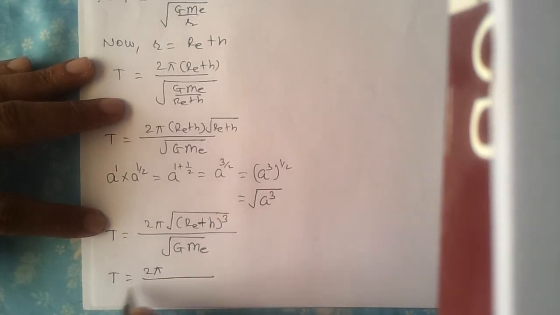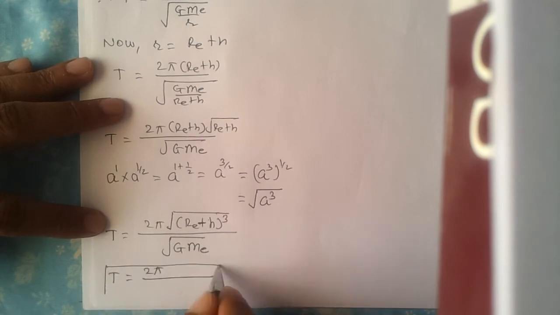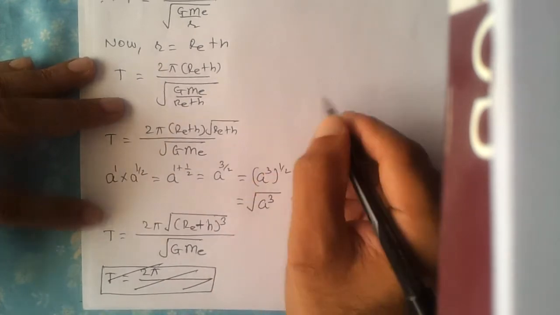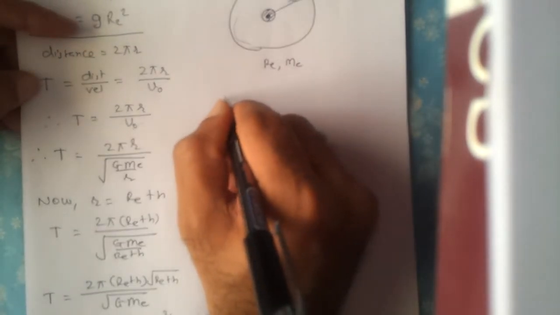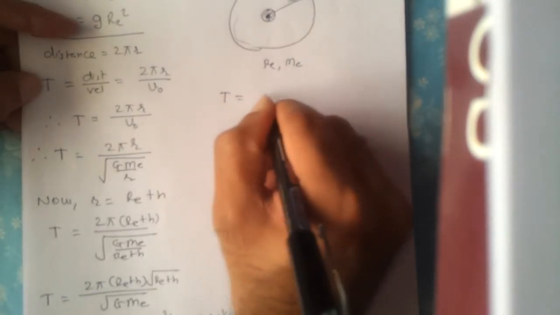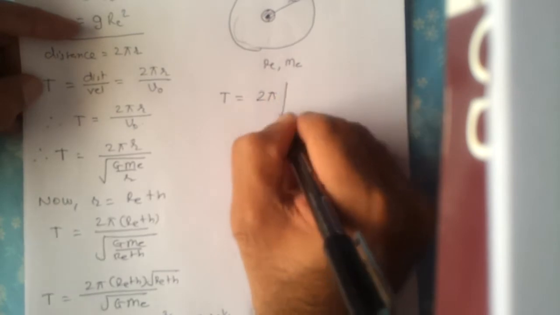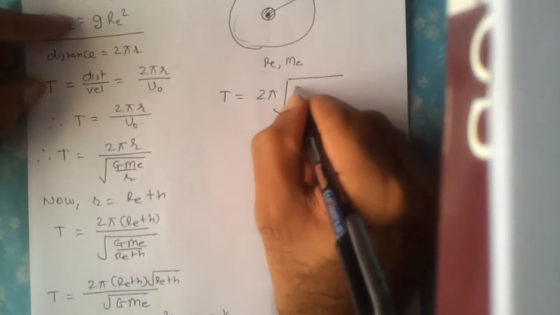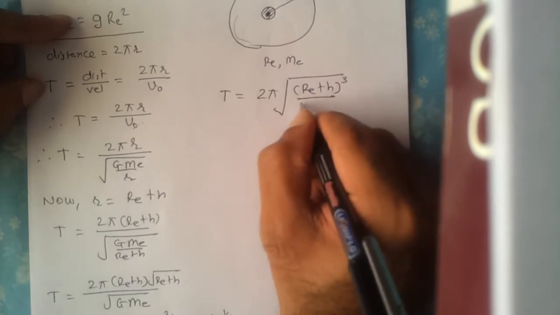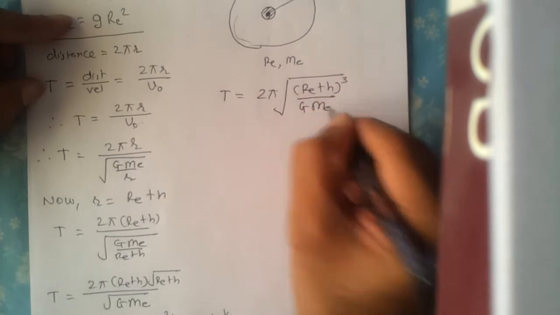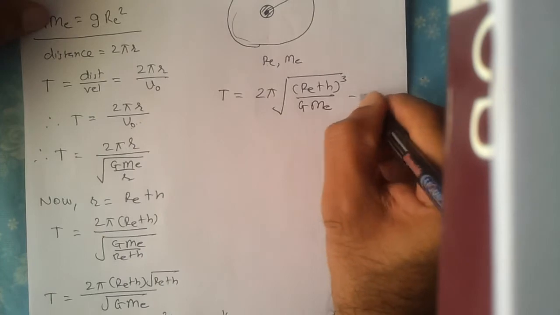Okay, there's shortage of space over here, so let me just cut this out and I'll go over here. Right? So T will become equal to 2 pi into square root of (R_e plus h) whole cube upon GM_e. Right? So this is equation number 1.